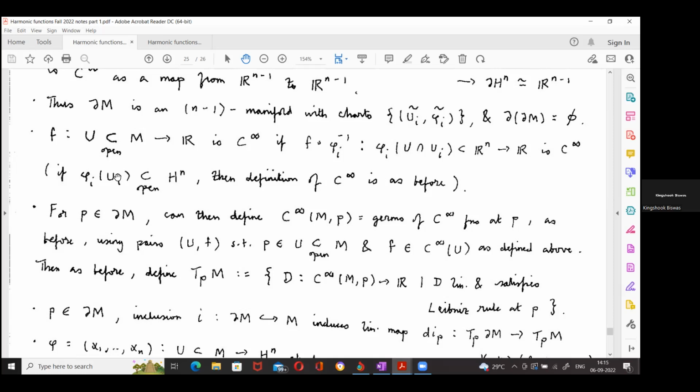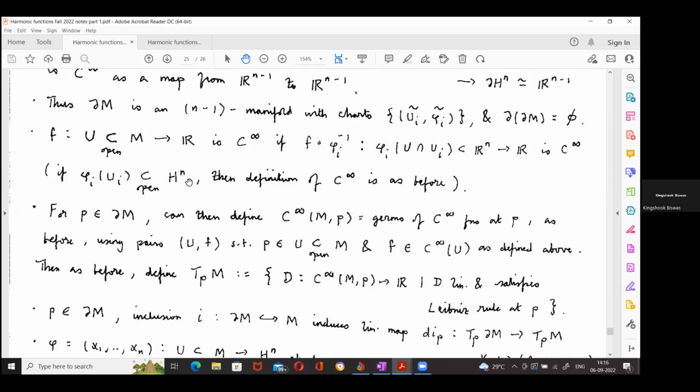So then we can define in the usual way, if P is a point of boundary M, C infinity MP to be germs of smooth functions at P, where germs are defined using pairs (U, F), such that U is an open subset of M containing P, and F is smooth on U. Smooth on U means that when I look at F composed with the inverse of a chart, that is a function on an open subset of Hn, that is smooth according to our previous definition.